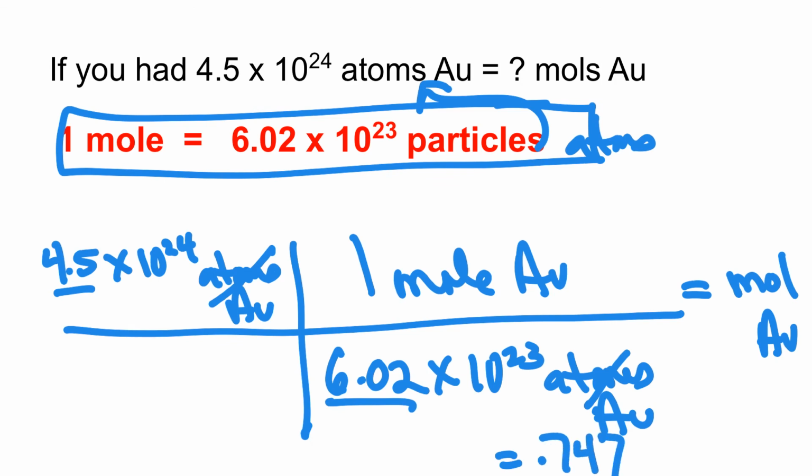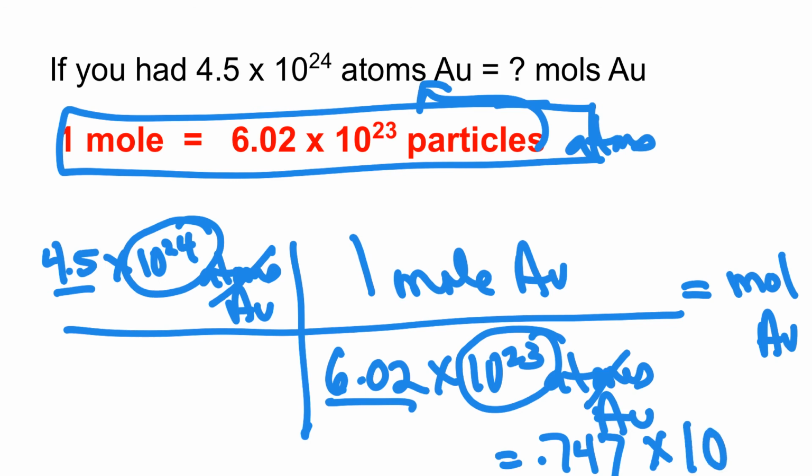4.5 divided by 6.02 is equal to 0.747. And then what do I do with my exponents? Well, remember that when we divide exponents, we subtract. So 10 to the 24 minus 23 is 10 to the 1. Okay? Now that is not in scientific notation, so I have to move my decimal over. If I make that bigger, then I have to make my exponent smaller.